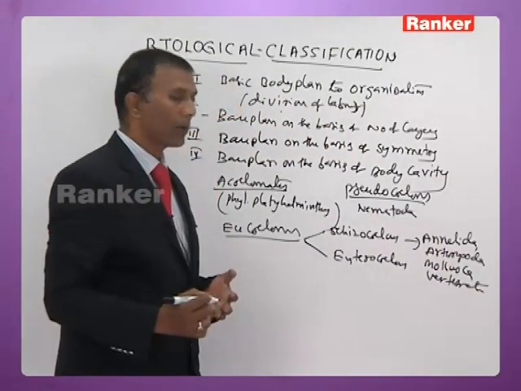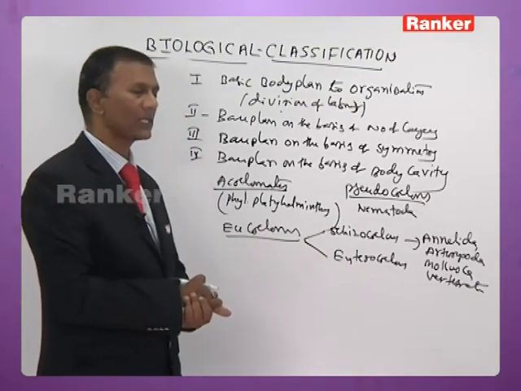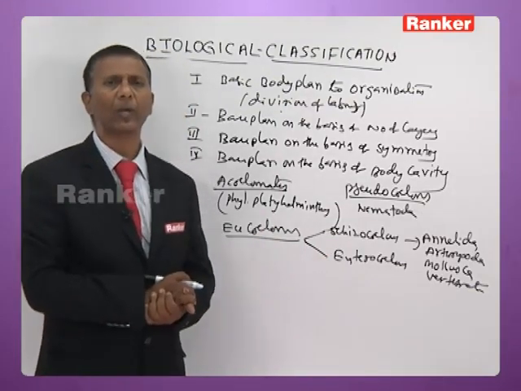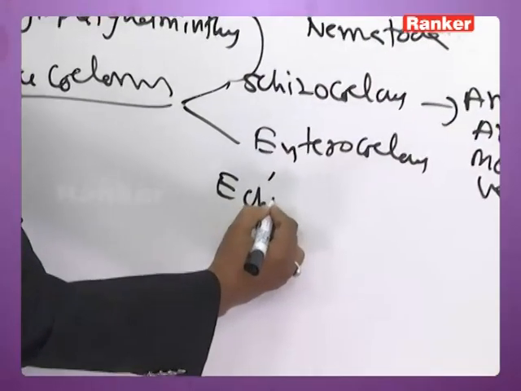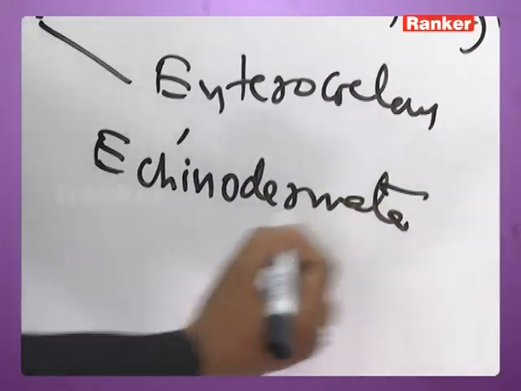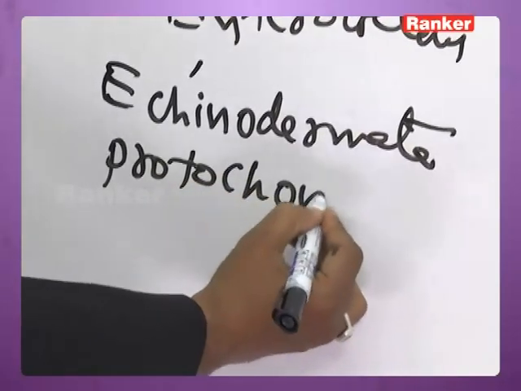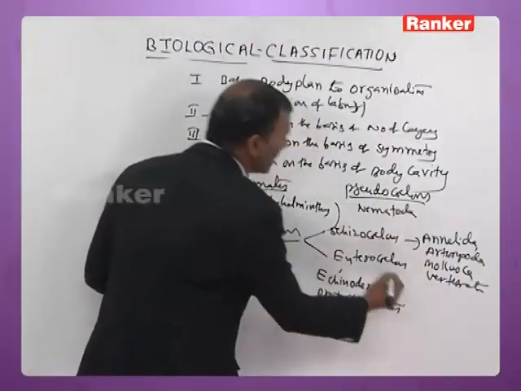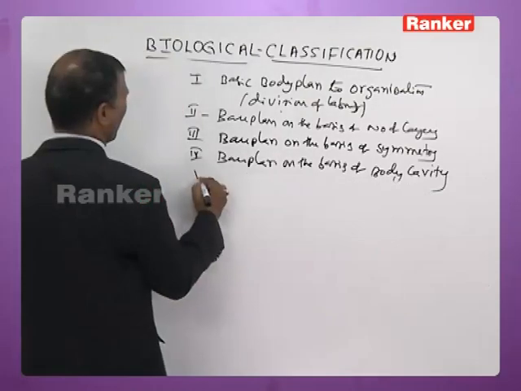In Arthropoda and Mollusca, schizocoelom is secondarily modified into hemocoel. Enterocoelom is present in Echinodermata and all protochordates. So this is the BOP plan on the basis of the body cavity.